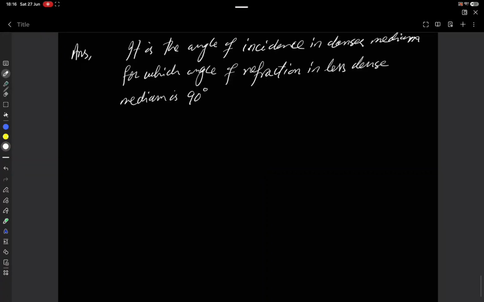Now the next topic is total internal reflection.